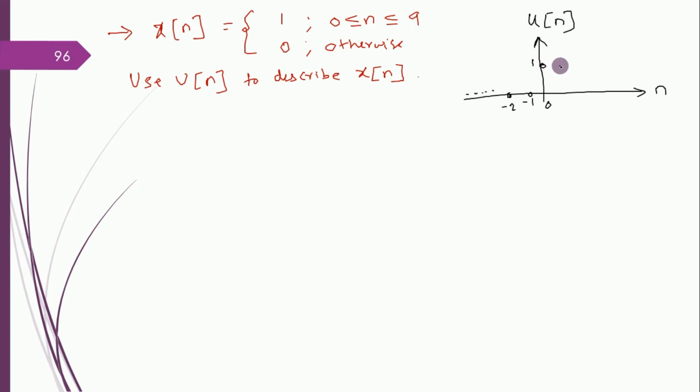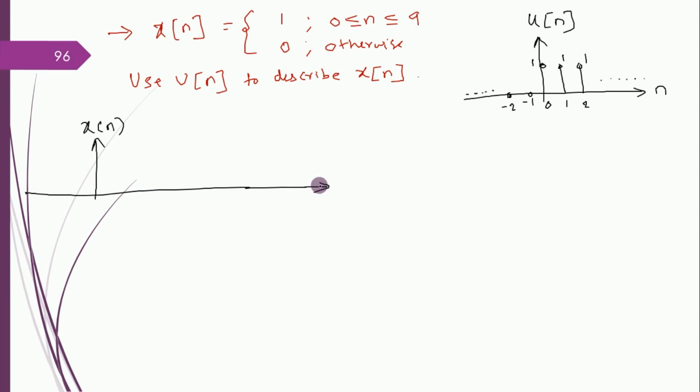At 1, amplitude 1. At 2, amplitude 1. It continues. So this is the discrete unit step function. Now use this in order to generate x of n. How does x of n look? Let me draw that first. x of n looks in this fashion, and 0 otherwise means on the negative direction it is 0.